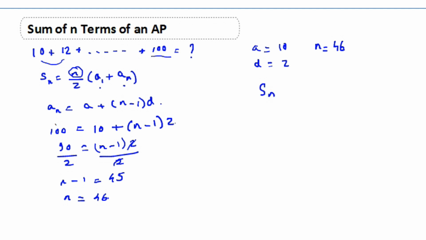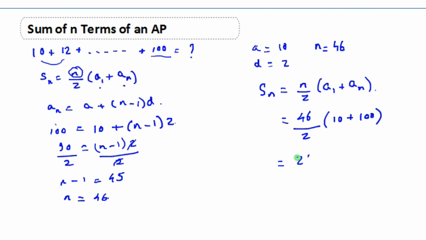So we know that the sum of n terms of any series is n over 2 times the first term plus the last term, which in this case is 46, the number of terms, divided by 2, times the first term, 10, plus the last term, 100.